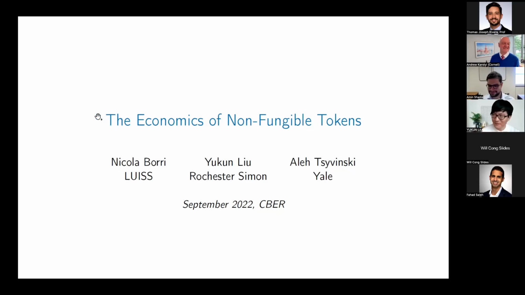In the language of what Andrew talked about, there are different countries in the crypto market space. This paper studies a particularly, in my opinion, important country in that space, which is non-fungible tokens. This is broadly how we relate to the topic of today, which is about token classifications.